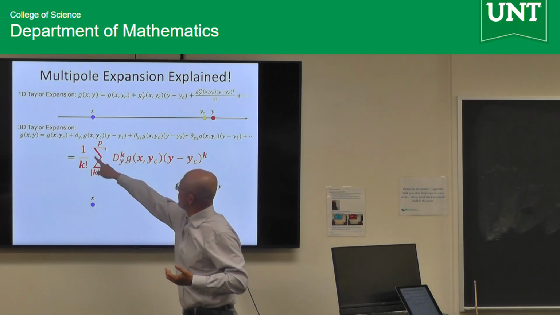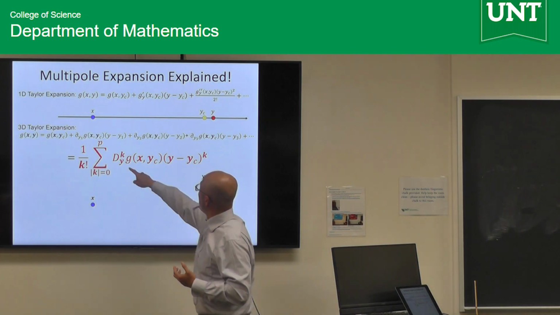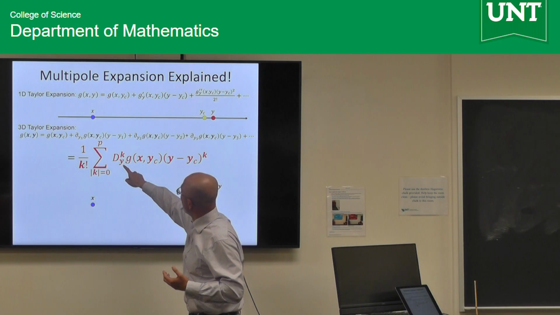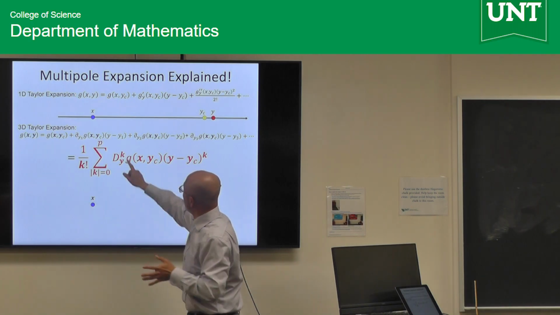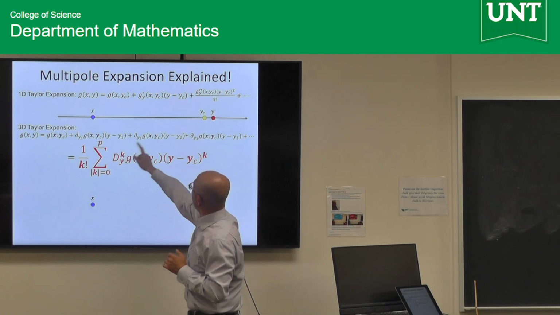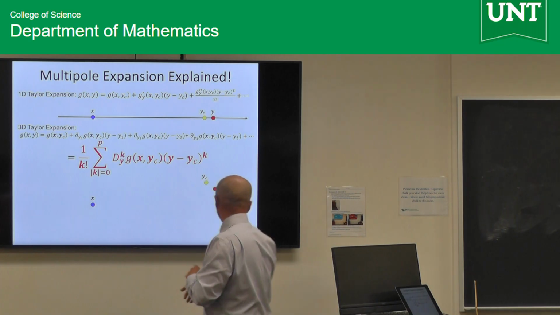Then you have 1 over the factorial of k, and then the derivative with respect to Y in the three directions. In each direction you take a certain number of derivatives. So you can write this three-dimensional form in a compact form like this one here.